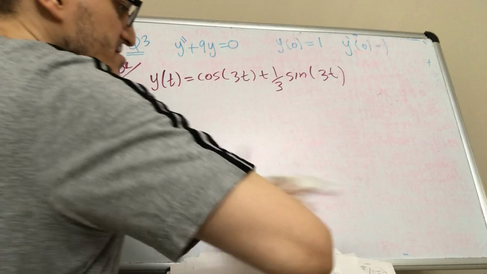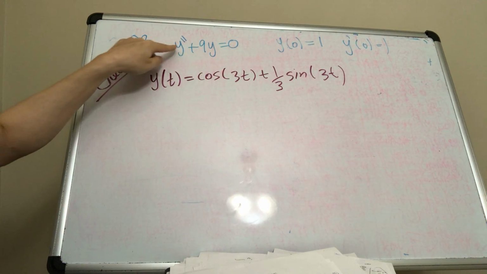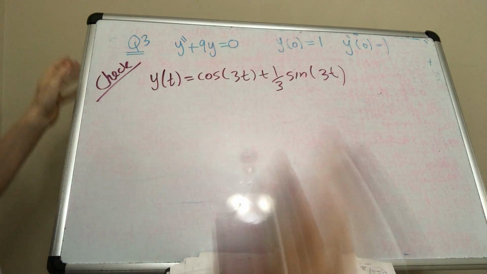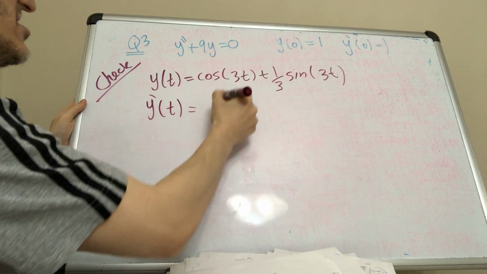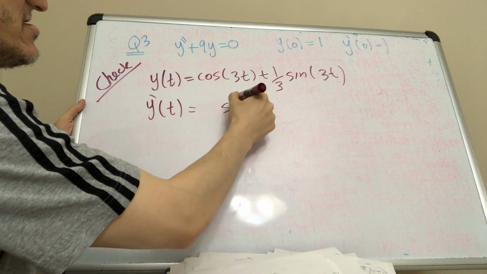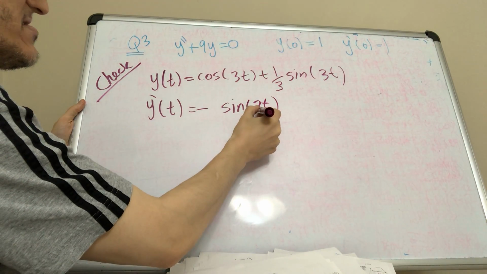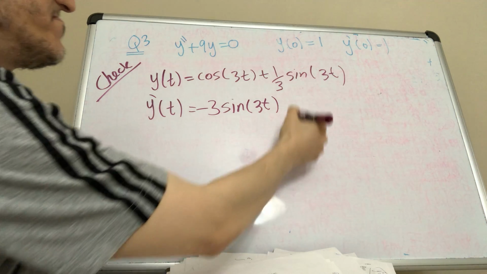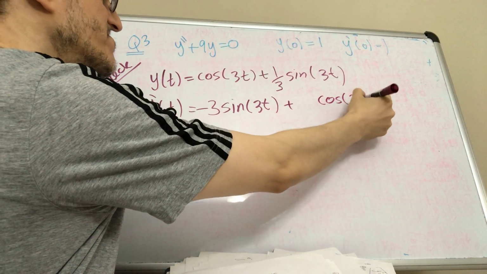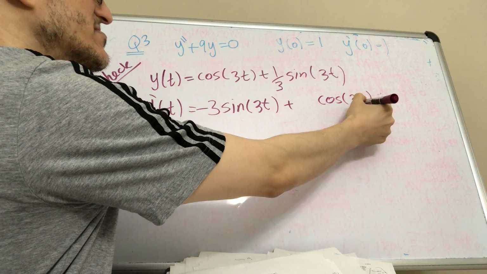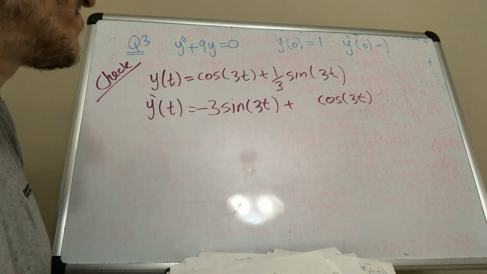So, to check, we need the function and the second derivative. So I'm going to find the derivative of this. Derivative of cosine is negative sine, and the derivative of the inside 3. Derivative of sine is cosine times the derivative of the inside 3, and this 1/3 becomes 1.